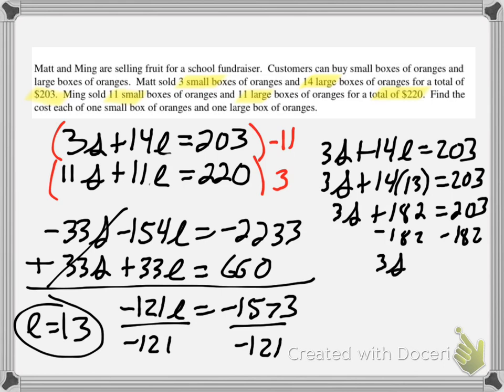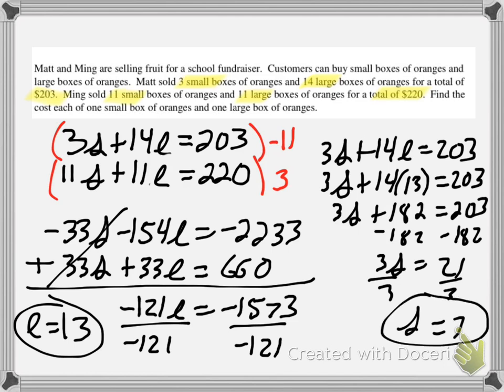So I get 3s equals 203 minus 182, which will give me 21. So if I divide by 3, I get s is equal to 7. So this question wanted to know the cost of a large box of oranges, which was $13, and a small box, which is $7.